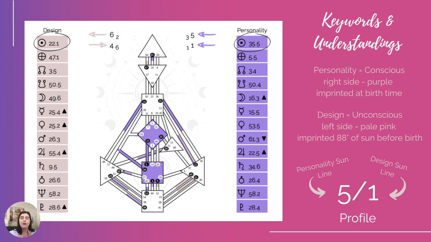The time of your birth is when you have fully exited your mother's body. The umbilical cord can still be attached, and usually is, because you can't really cut it off right away most times, and it's good to let that blood flow for a little bit. But so this is that purple side, the right side. This is your personality side.